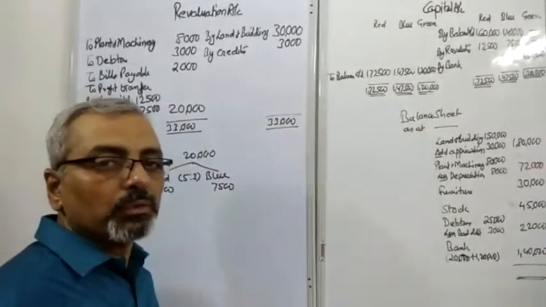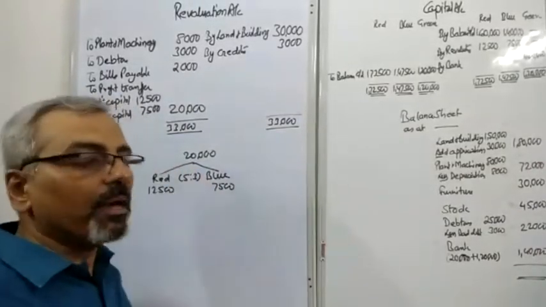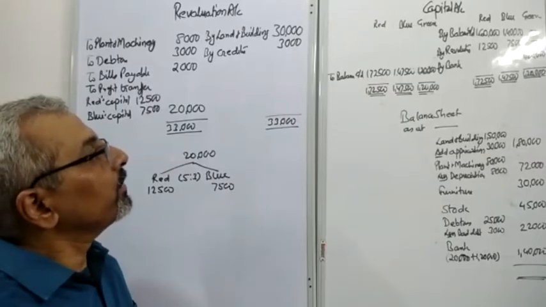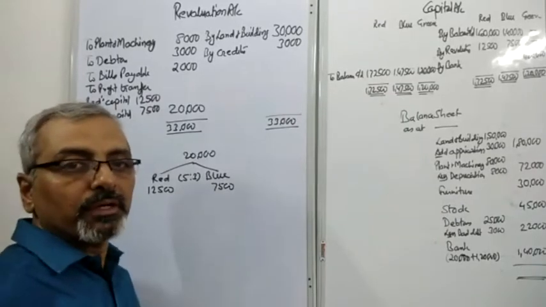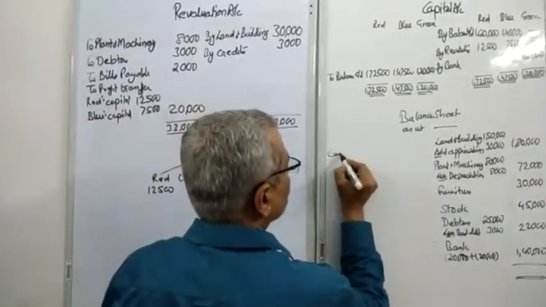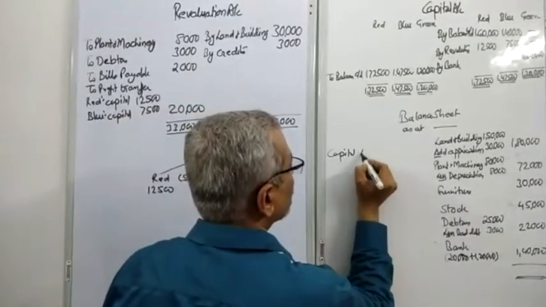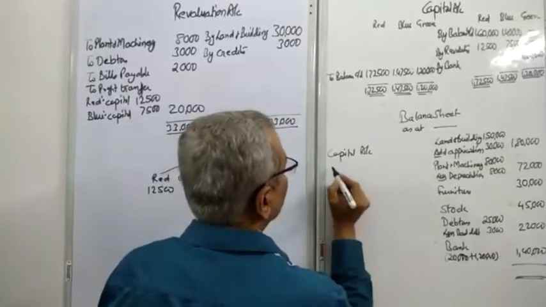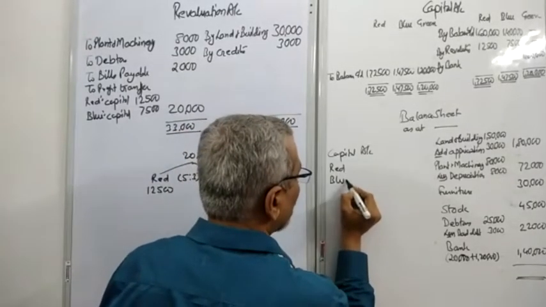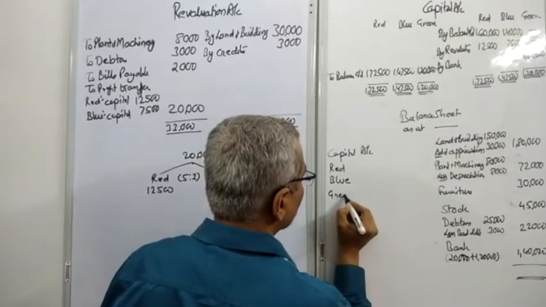Let us complete the liability side of the balance sheet, where we already have the capital balances of three partners, Red, Blue and Green, and we also have creditors and bills payable as the other liabilities. So let us start over here. First we are writing capital account, and we have there Red, Blue, and Green.